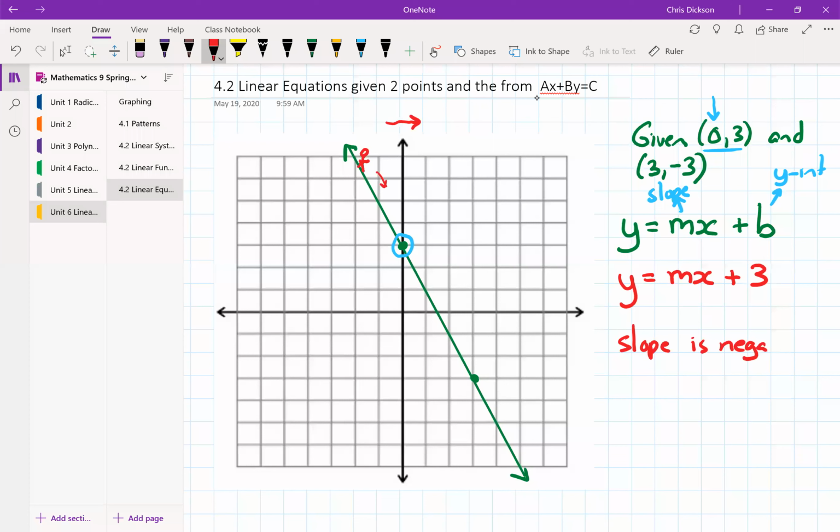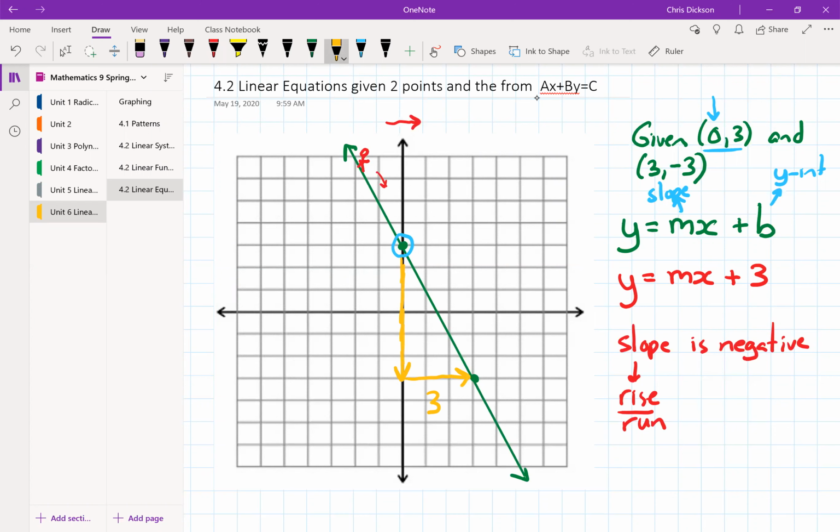We talked about this in a previous video. And so I would expect to see a negative in front of whatever number goes there. And then basically all you have to do is find the rise. So slope is rise over run, which in this case is a negative rise. So it's actually going downwards. And so what I would do is I would just find the distance you went down. So I'm going to go down here. So I went down that far, and then I went over this far. Okay, so that's 3 there.